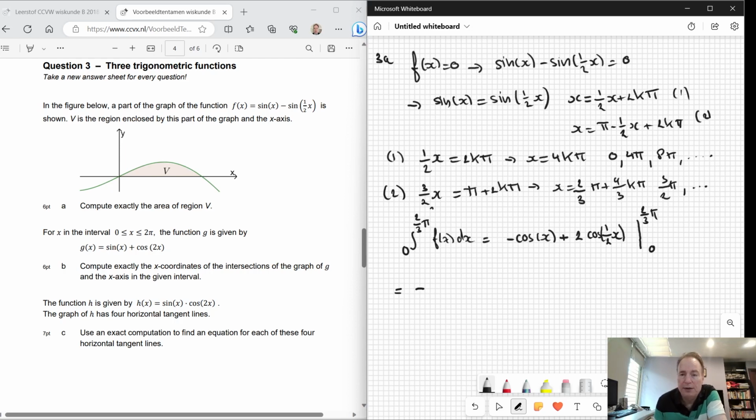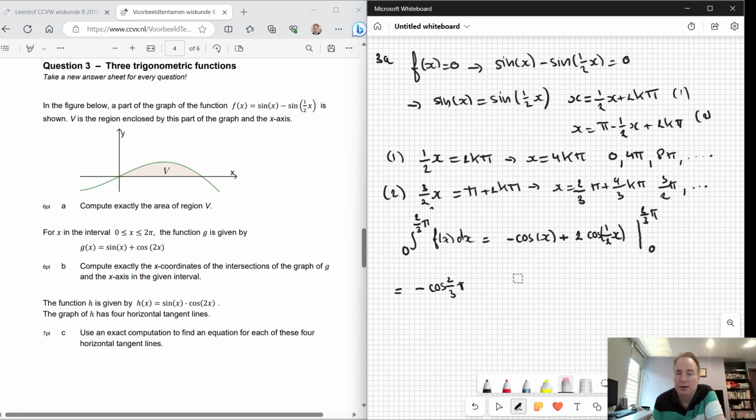So you get minus the cosine of 2/3 pi minus the cosine 0. And then let's do it.